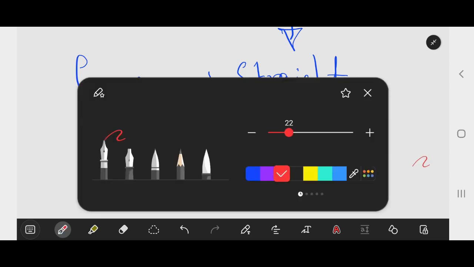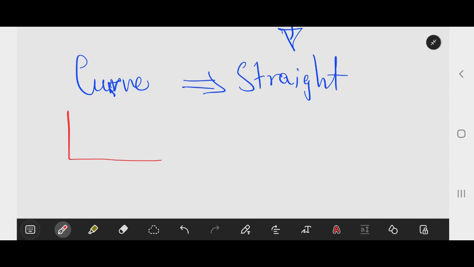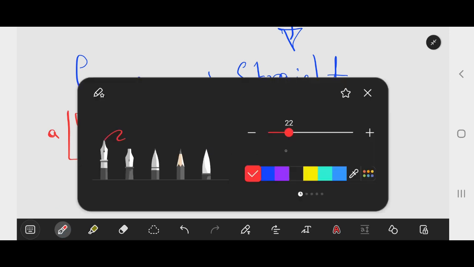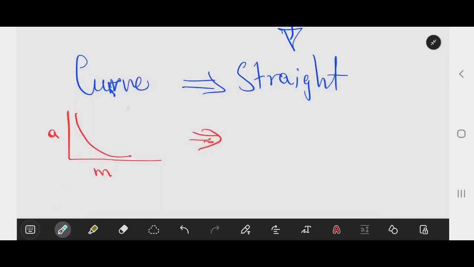So in this case, we see that we have two variables, right? Whereby we have the mass and the acceleration, and we get a curve like that, right? But for us, in order to get a straight line, at least one variable must be an inverse, right?